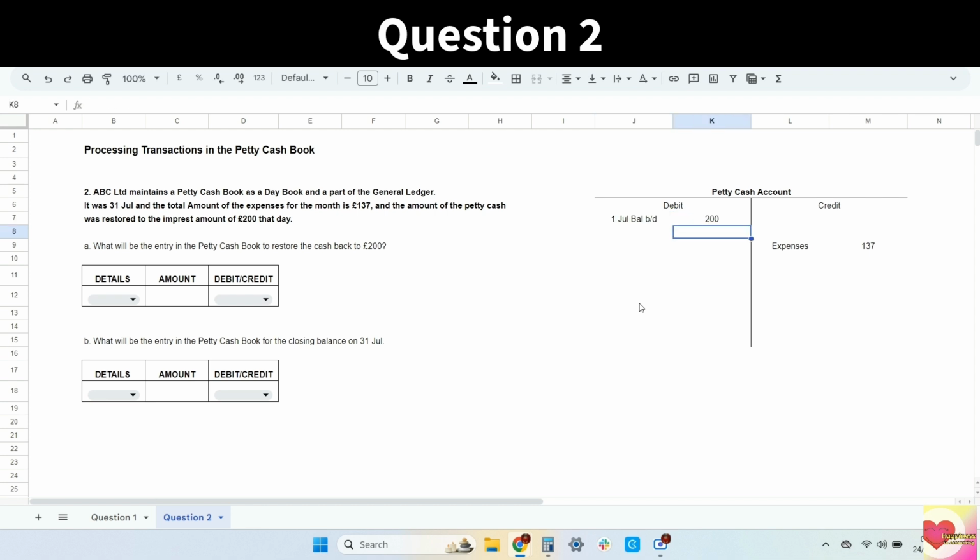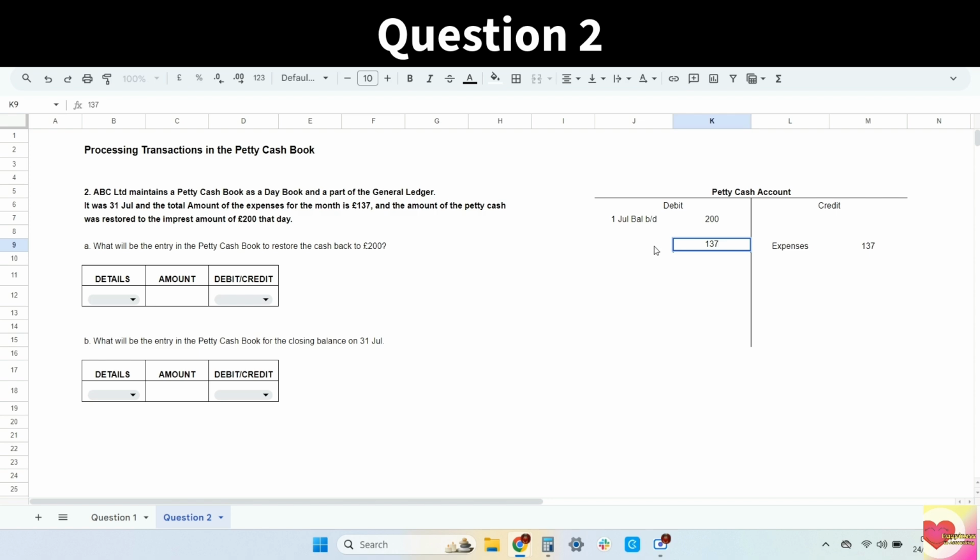So if the opening balance of the petty cash is 200 and within the month we spend 137 of that 200, the question here is how much cash do we need to put back in the petty cash in order for us to restore it back to 200? And the answer is this same amount that we spend should be the same amount that we should return or put back to our petty cash.